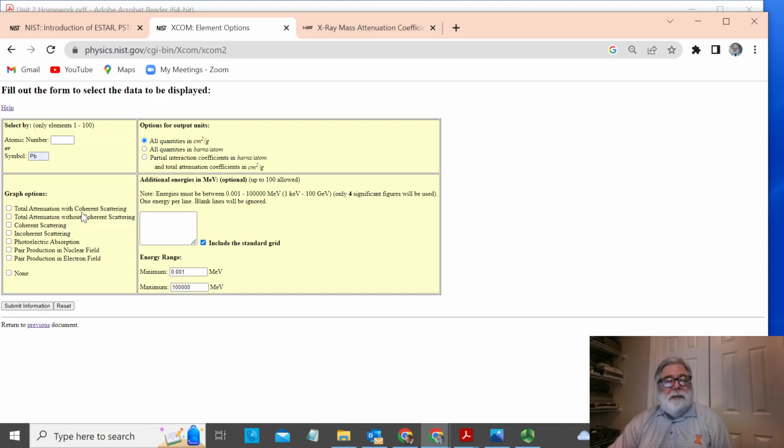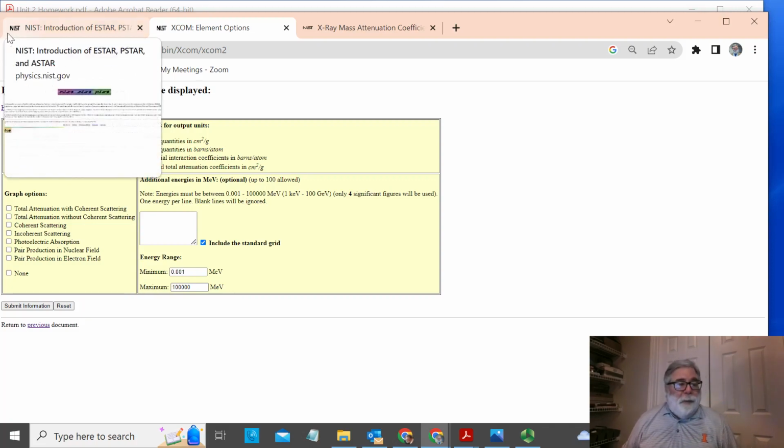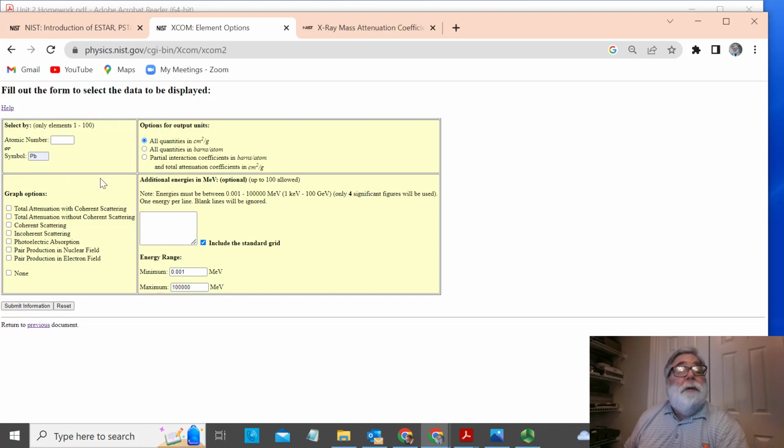That doesn't have a tremendous amount of significance for radiation protection purposes. We're often interested in energy that's imparted or removed from the incident radiation, so it's often disregarded in radiation safety.